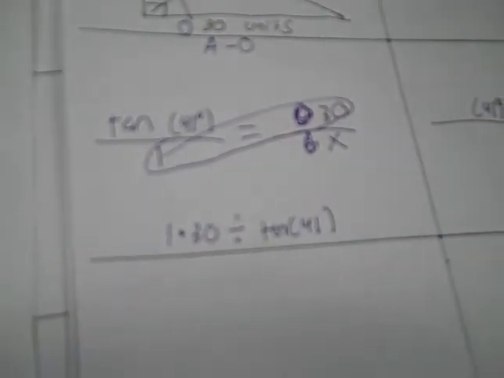So you need to write 1 times 30 divided by tan 41, and that's how to plug it into your calculator. And that's going to be 34.5 units, and that's the A. So 34.5.